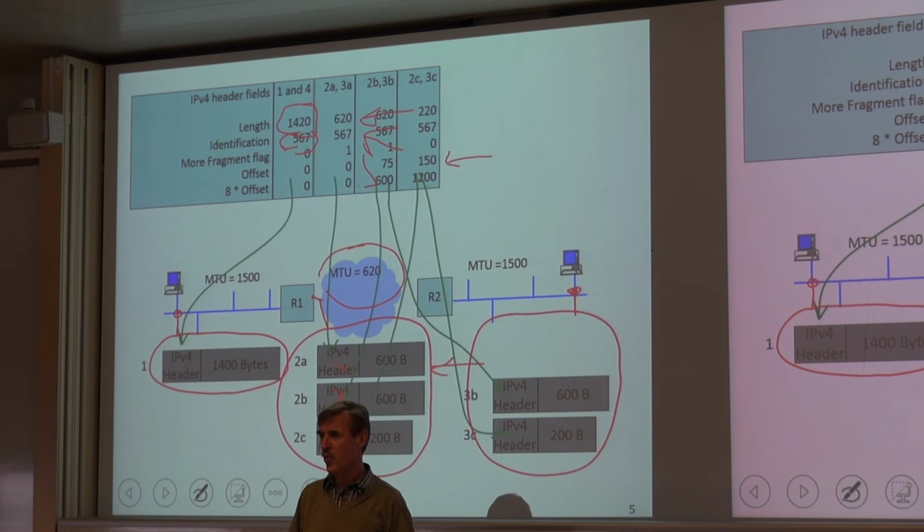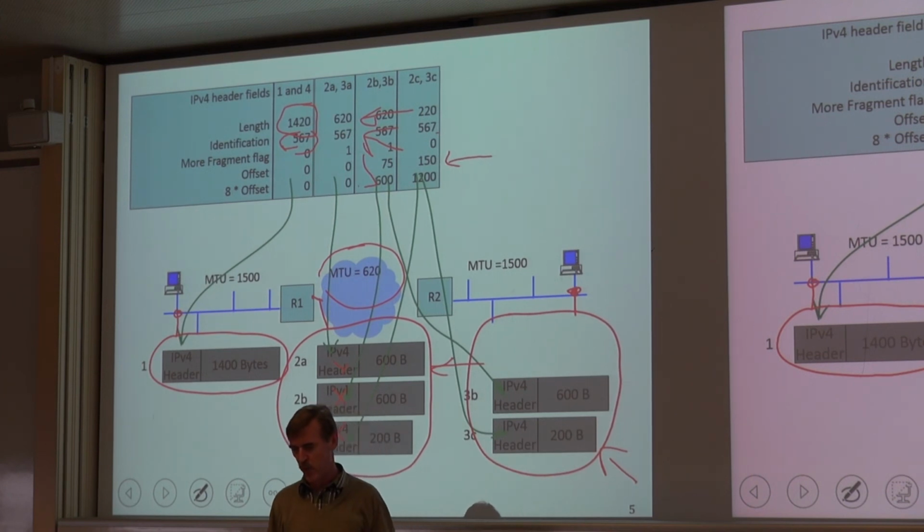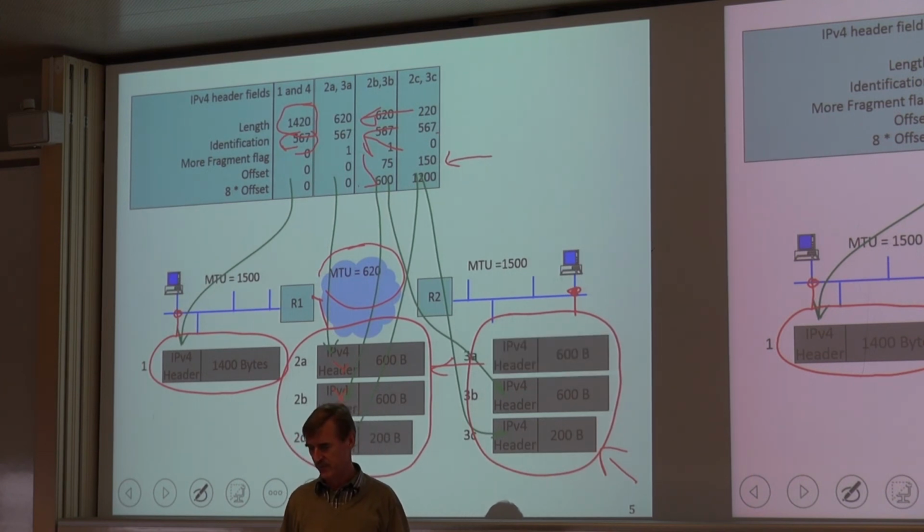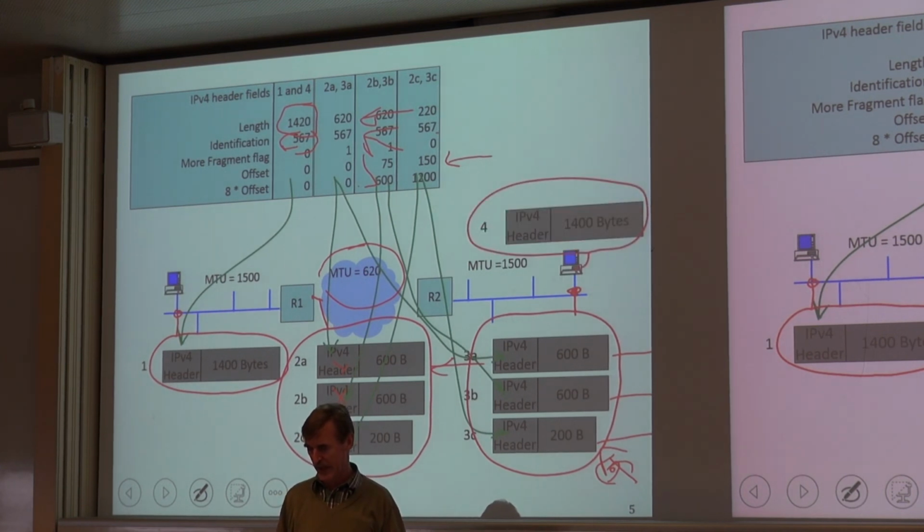Now, I still need to know whether the third one is the last or whether there is more to come. There is a bit for that, called the more bit or more flag, that says there is more to come, and it's put everywhere except in the third. So when I receive those 3, I know where to write them in memory, and the third one is the indication this is the last. Therefore, I can reconstruct the original packet.